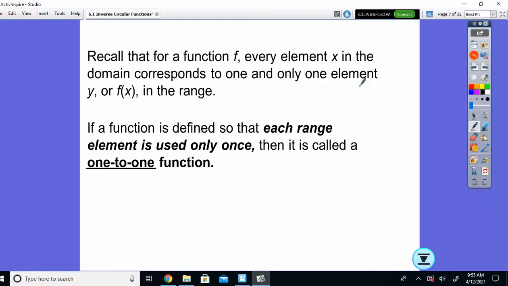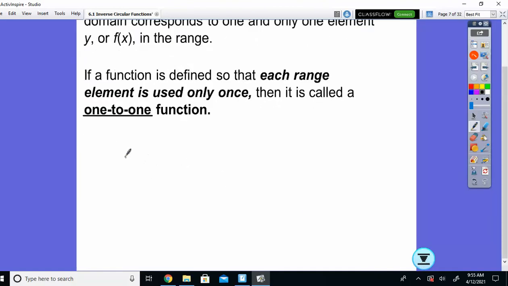Because the problem is, we know if it's a function, it has to pass the vertical line test, x never repeats. But if I gave you our graph of sine, do I ever hit the same y value more than once? If I'm looking at this, we do.